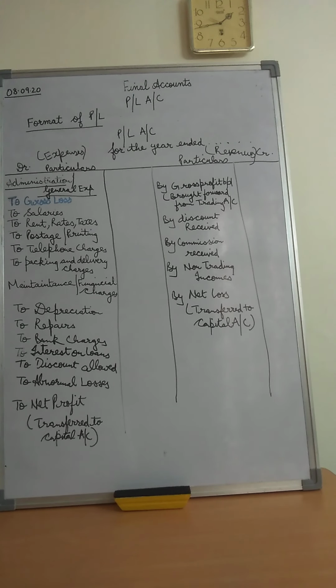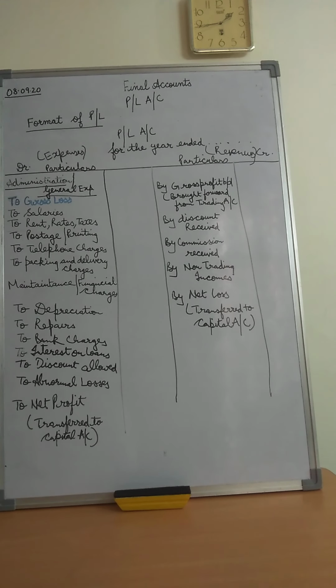Kindly note, if there was any kind of gross loss in the trading account, that will go to the debit side of the P&L account. Now what all other things are included on the credit side, that is the revenue side, which are indirect in nature, all the incomes.